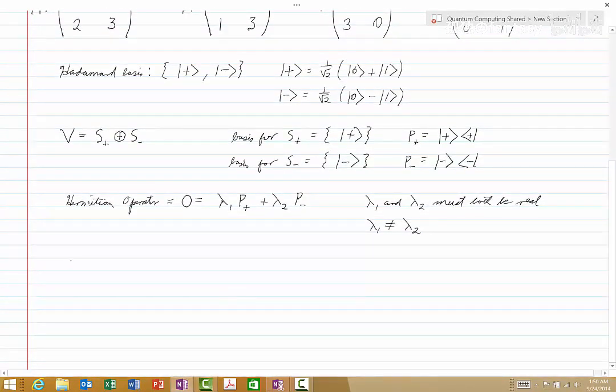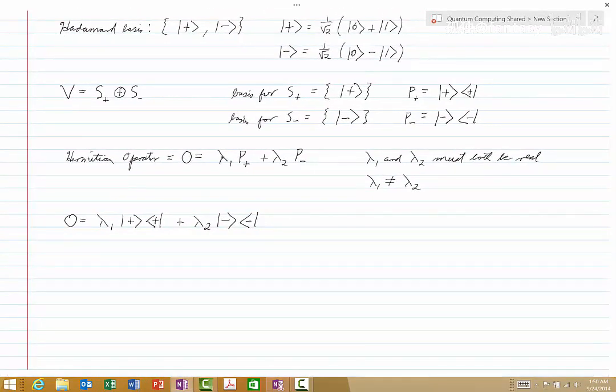So we have O is equal to lambda 1 plus plus lambda 2 minus minus. And let's see how this goes.